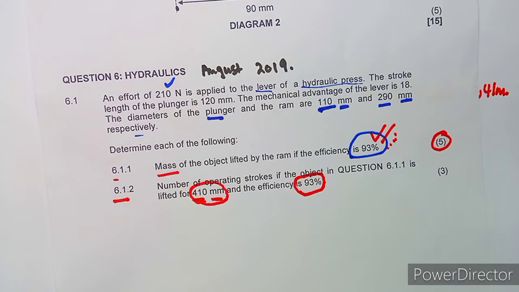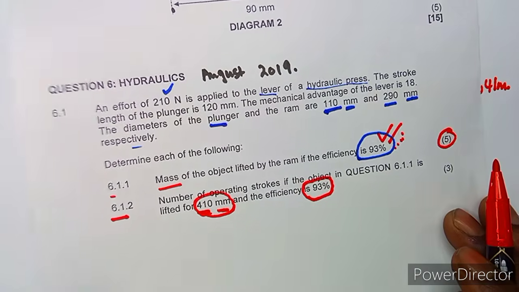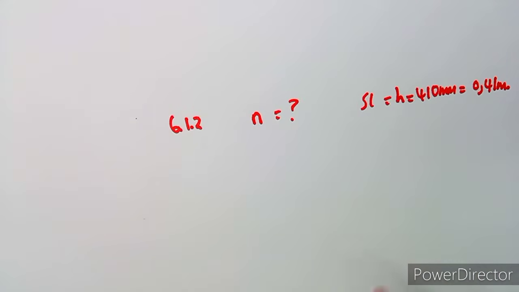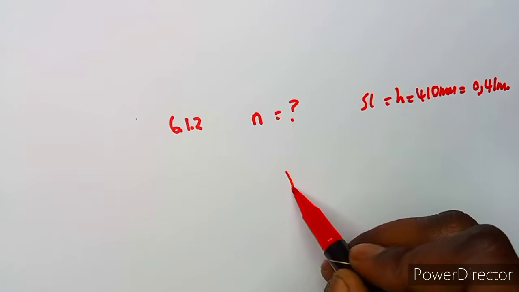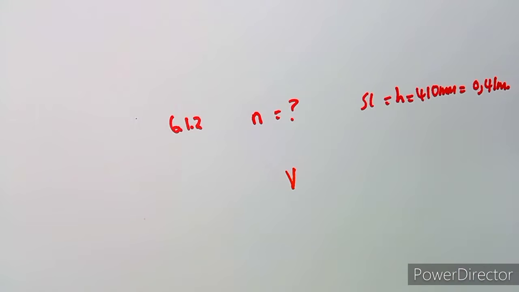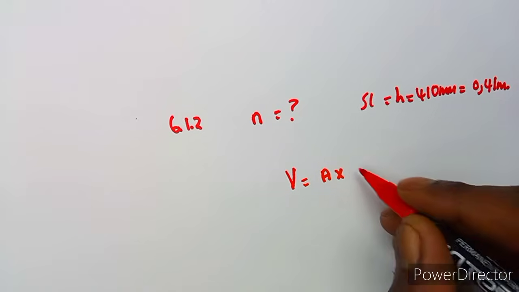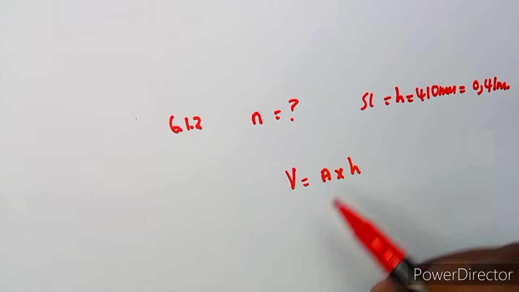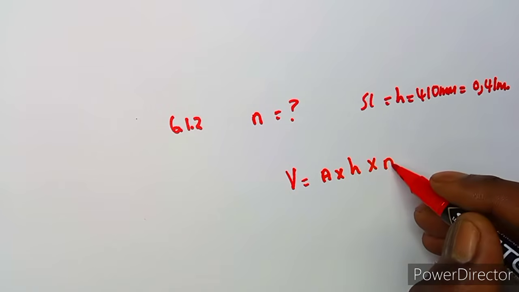There is something we know about the relationship of the volumes. If we know the actual volume that is working with the plunger, the volume affected by the plunger that has the stroke length, we know that the volume is equivalent to the area times the height, which is the stroke length, times the number of pumping strokes.